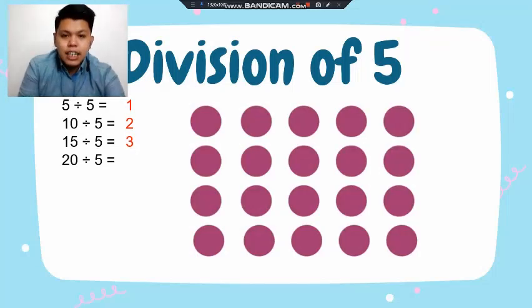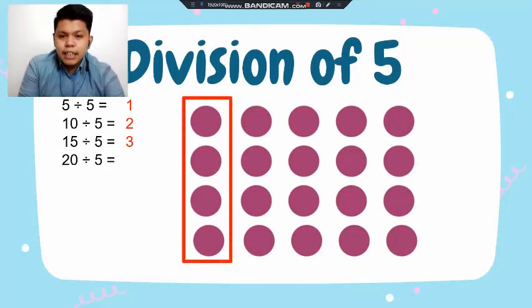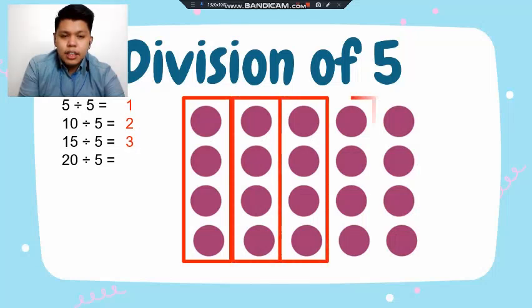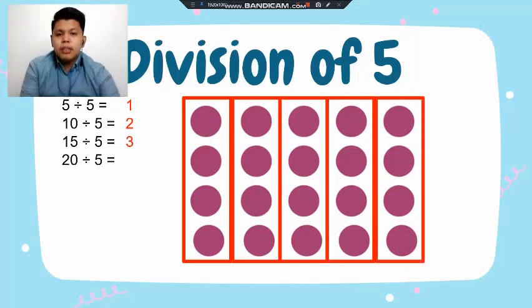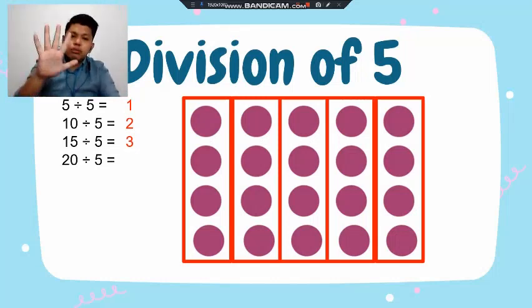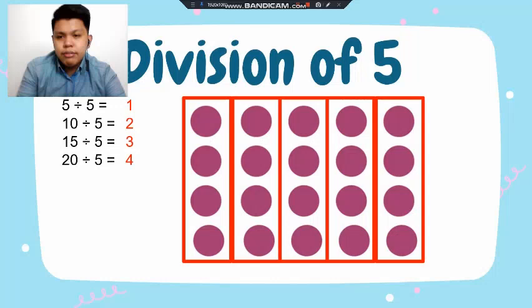Let's see this again. So you can count. Okay. Group that. Okay. Can do this. How many groups did we make? We have 5 groups. So the answer will be 5 again.